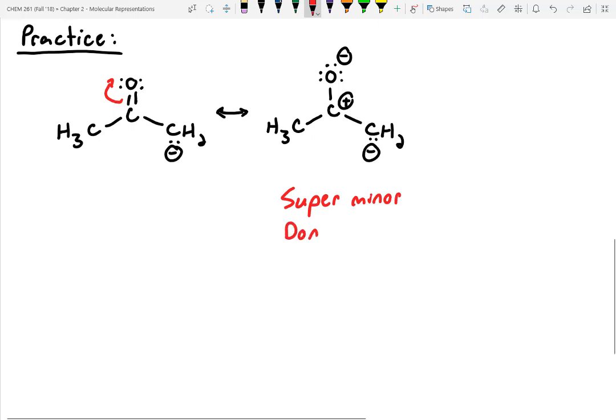Don't need to draw. In addition to having C plus C minus, what's the other thing going on? Yeah, the octet rule. That central carbon doesn't have an octet. So we don't need to draw this middle one. While you're practicing, sometimes it helps just to see the movement of electrons.